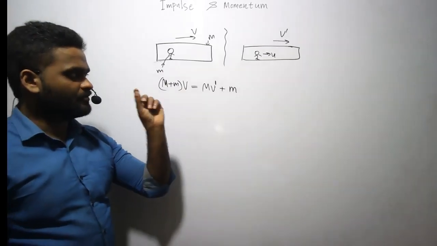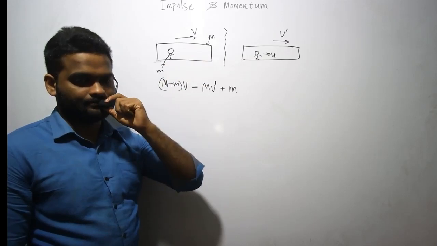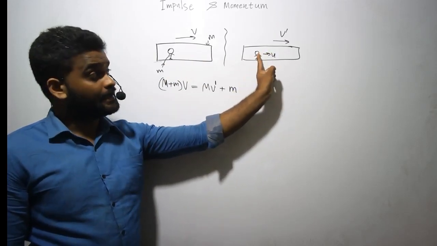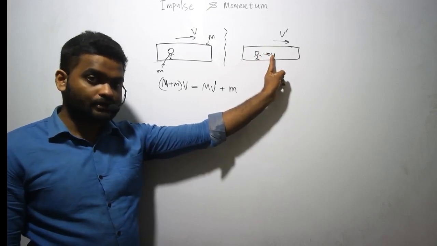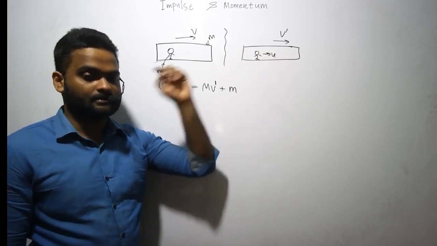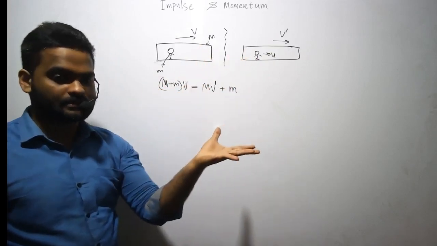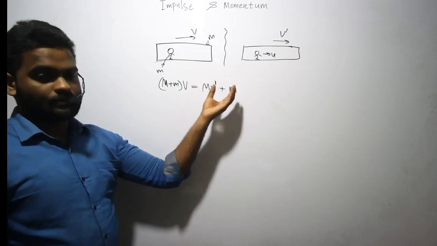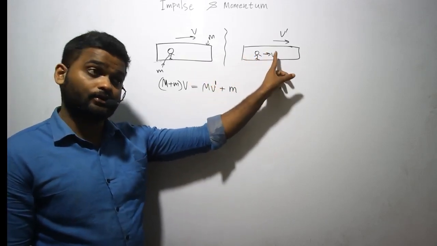The important one is finding the velocity of the man. Here, the man is moving inside the trolley at u, meaning he is moving relative to the trolley, not relative to Earth. In the previous questions, we didn't get a problem like that.